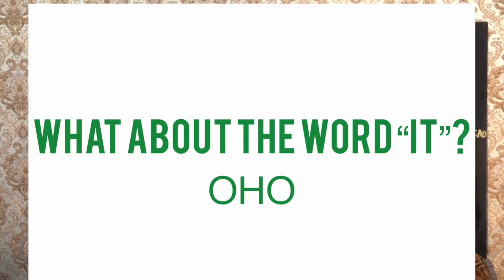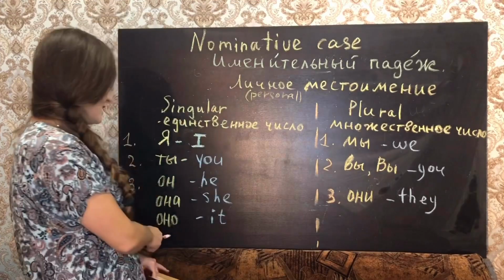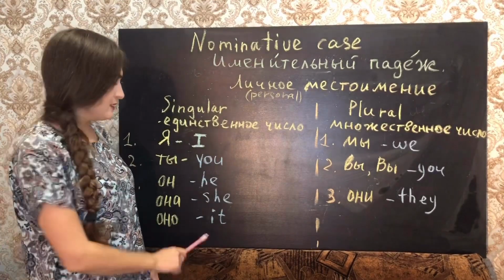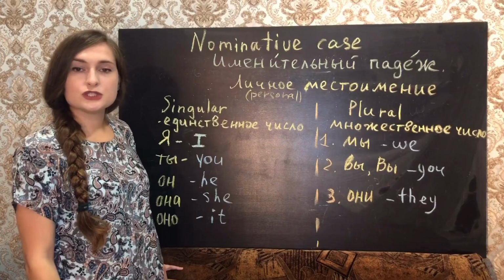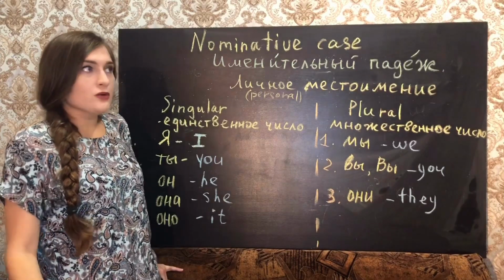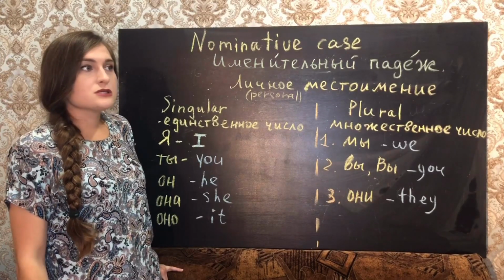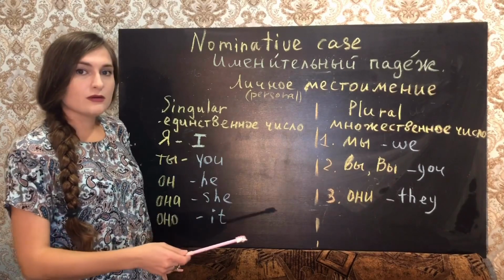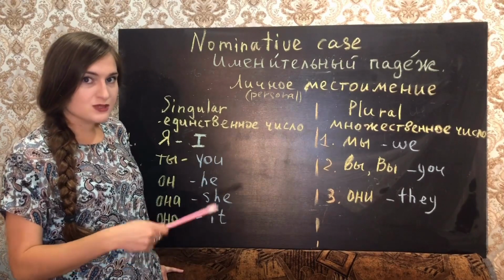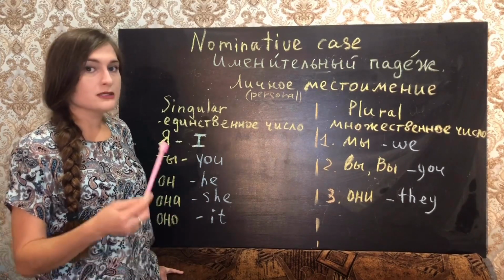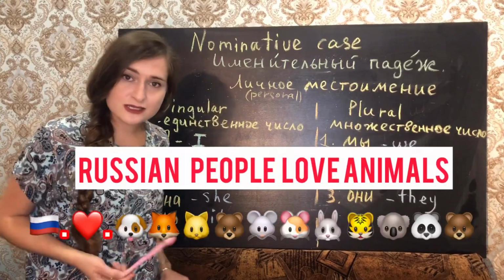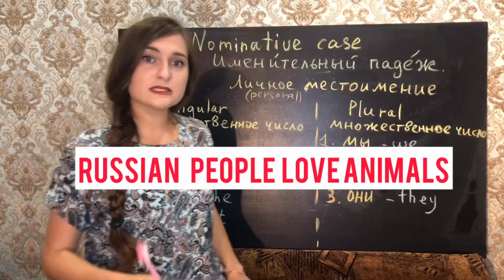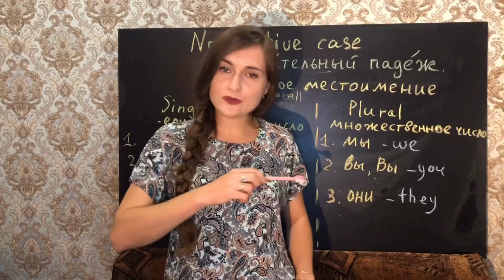And if we want to speak about оно, let's compare оно, it, with English language. In English, it means something plus animals. It expresses animals too. But we in Russia, sorry guys, we love animals, and they are not just something, they are someone for us.